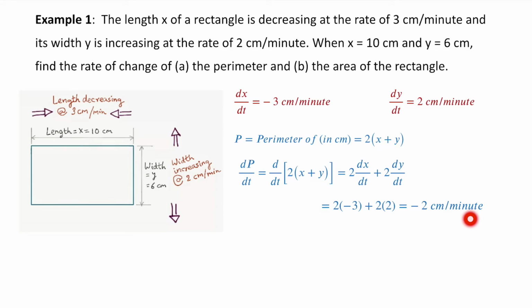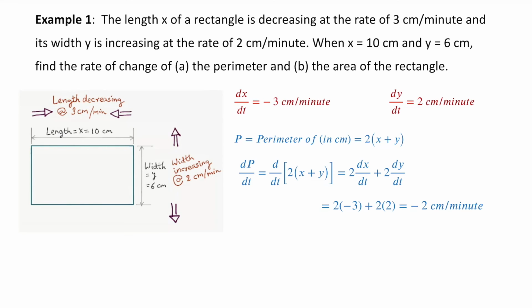at the time when x, well, here you see that dP/dt is a constant number, minus 2. It doesn't matter what the value of x and y is. There is no x and y in the expression for dP/dt. So that means dP/dt is constant no matter what the value of x and y is.